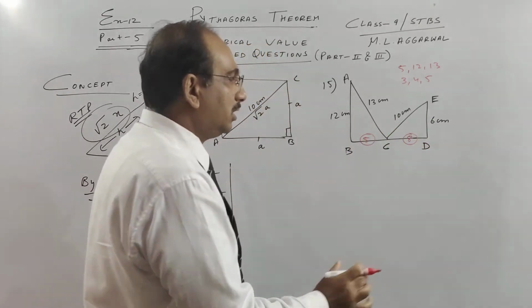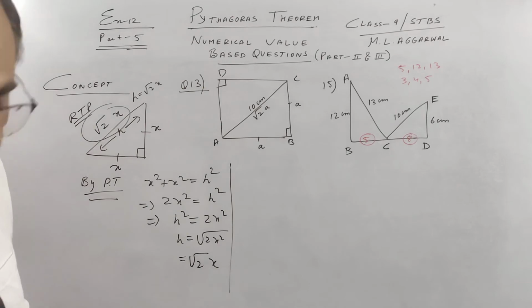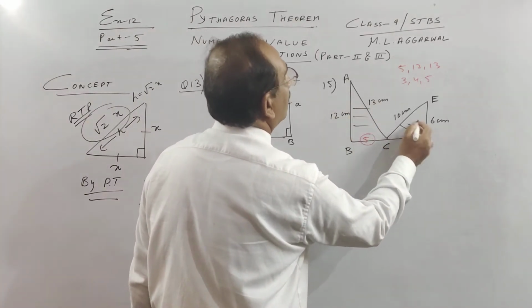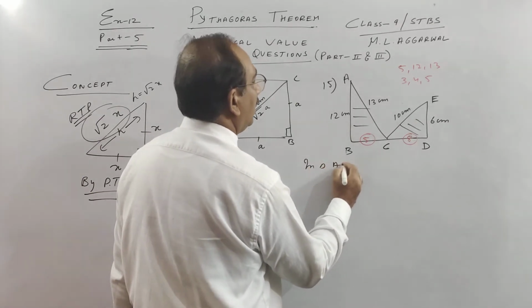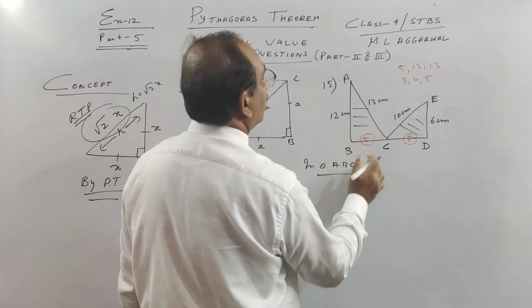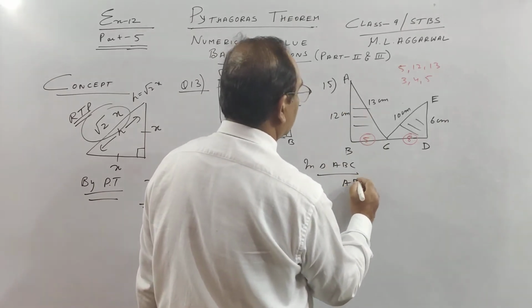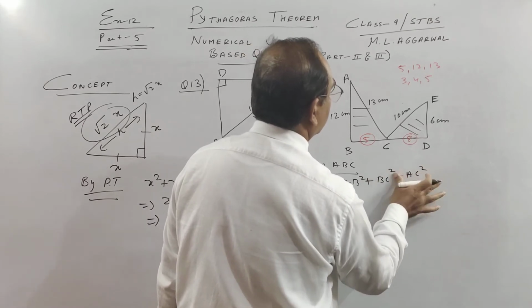This will give you the answer 5 plus 8 is 13, but I'll tell you in short how you will write it in the exam. So in the exam we have two triangles, children, if you see. So let us do it fast. In triangle ABC, here we have to get BC. So you know AB square plus BC square is equal to AC square.